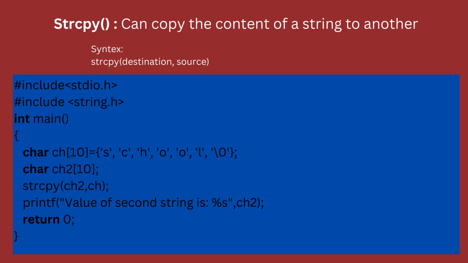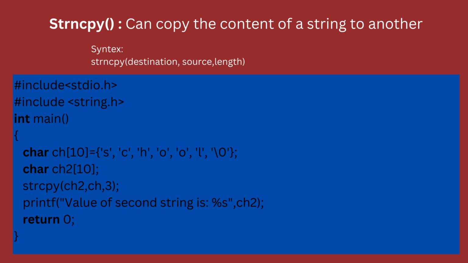We will move to the next part, which is strncpy. We don't want to copy the full string, we want to copy a certain length of the string, like only three characters from the string. In this case, we use strncpy, where we have a third parameter. In this third parameter, we pass how many characters we want to copy into the destination string.